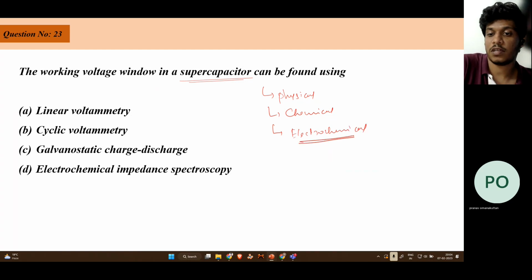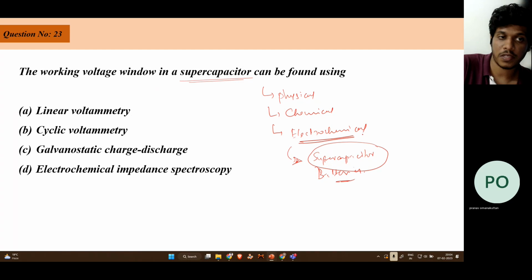So electrochemical analysis techniques are widely used to understand the working of electrical storage devices like supercapacitors, batteries, etc. So one of the major parameters that comes in a supercapacitor is its working voltage window.